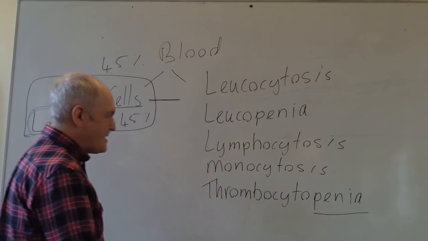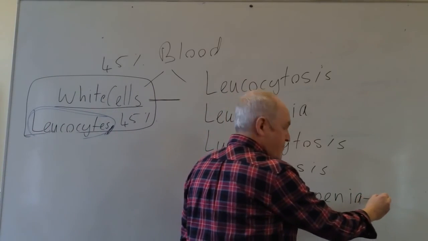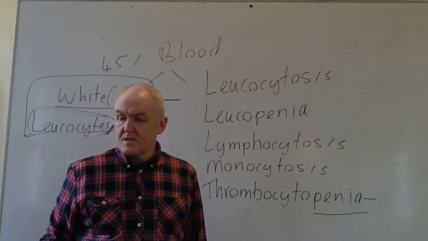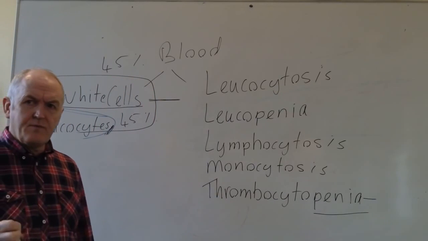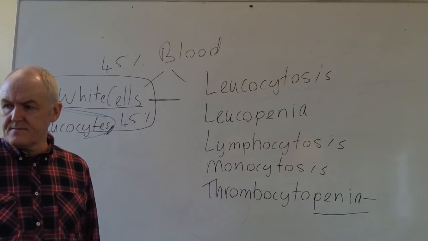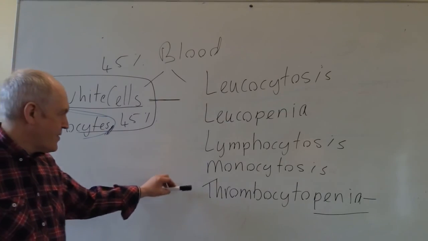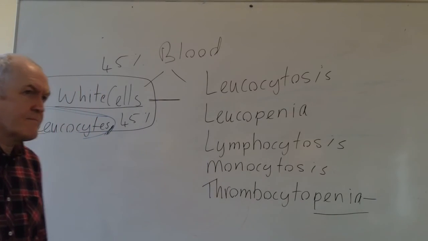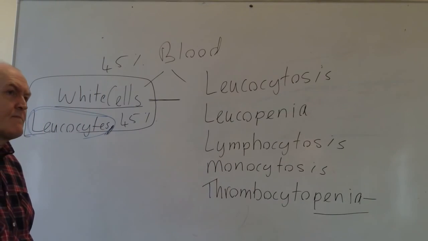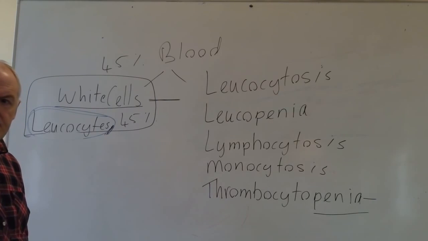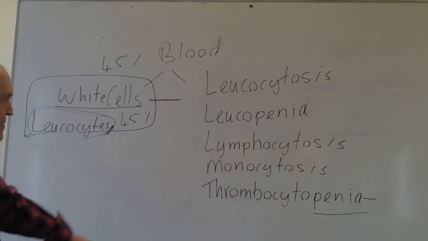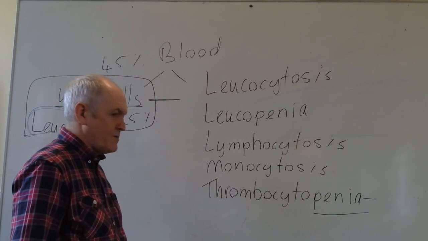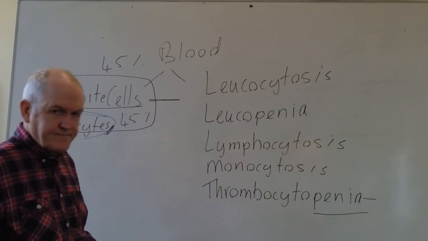And you might recognise this by bleeding and bruising. So children could get bruising just from normal rough and tumble of childhood life because they haven't got enough thrombocytes. They're thrombocytopenic. Making them very prone to bleeding problems.